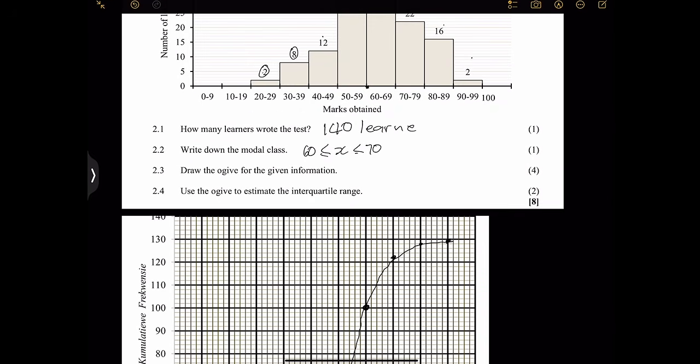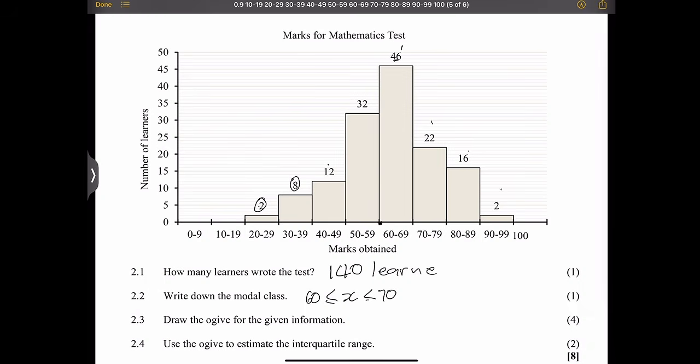They say use the ogive, in this case, to estimate the interquartile range. Now remember, the interquartile range would always be Q3 minus Q1. So how do we get Q3? Remember that Q3 would be 75% of your data, and Q1 would be at 25%.